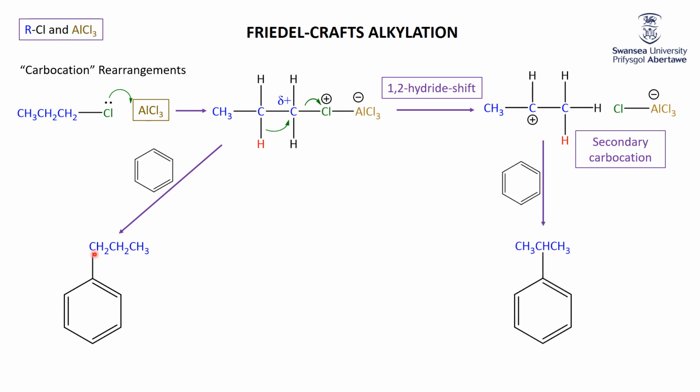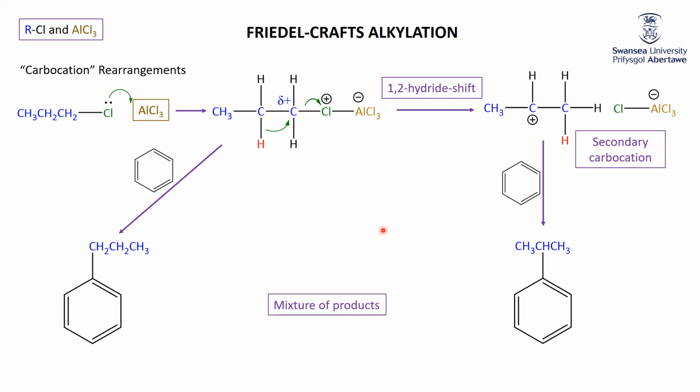So it's either the propyl benzene, or else what I would call isopropyl benzene, or you would call 1-methyl ethyl benzene, okay? So you can have a mixture of products whenever you use primary and even secondary alkyl halides to do Friedel-Crafts alkylations.